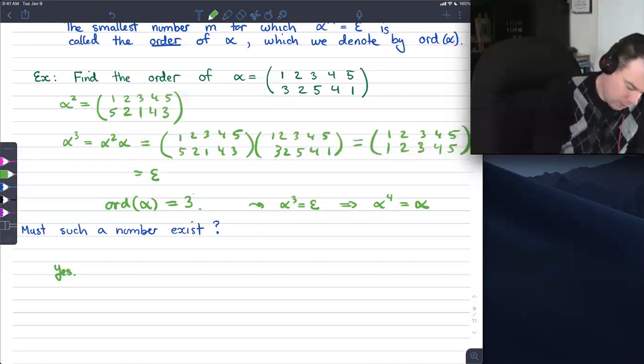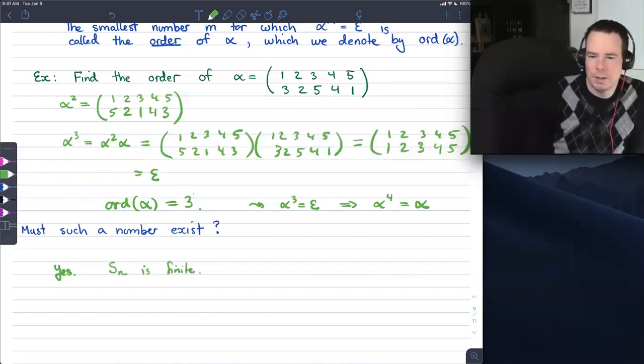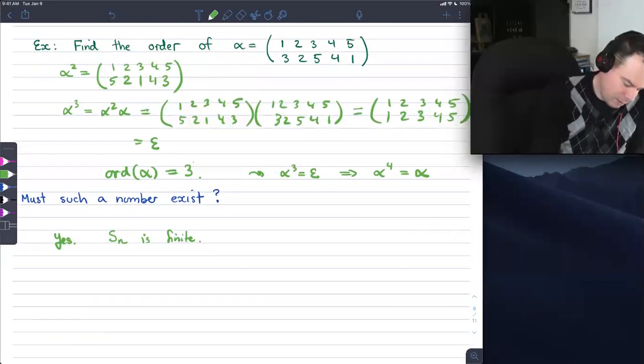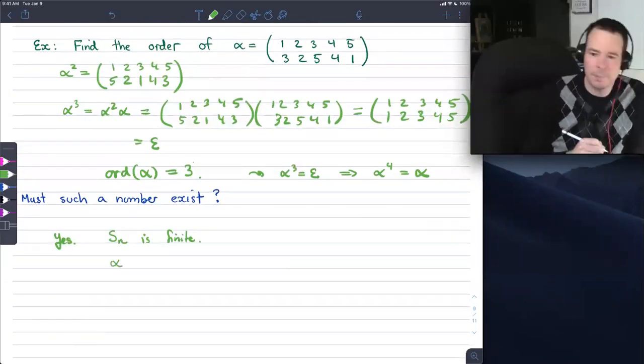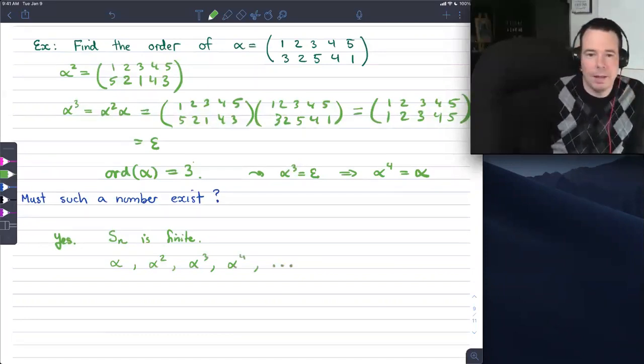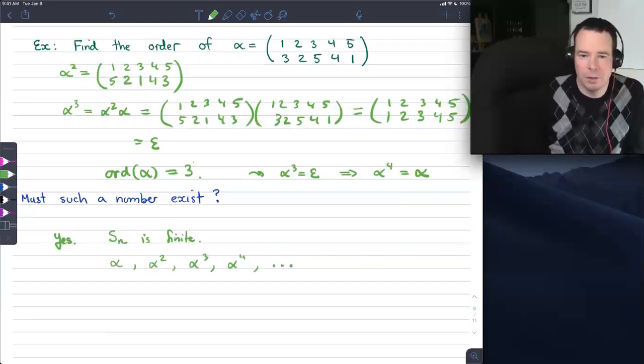Why is this true? So we'll finish with this. Well, it's true because Sn is finite. And you might say, what does that have to do with it? Well, the idea is if I take alpha and power it up, alpha squared, alpha cubed, alpha to the 4th, and so on, I can't get infinitely many different permutations because there are only n factorial permutations of n objects.